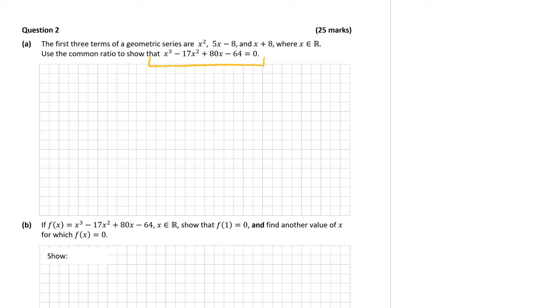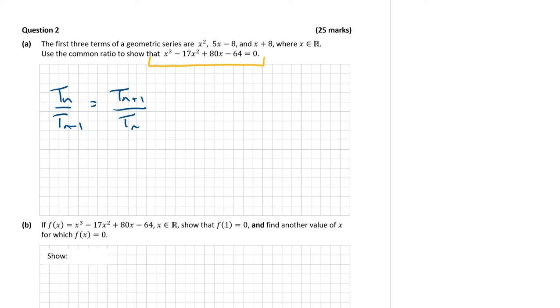Okay, well, it's saying to use a common ratio. So when we've got a geometric series, we know that term n divided by term n minus 1 is equal to term n plus 1 divided by term n. That means any term divided by its preceding term is equal to another term divided by its preceding term.